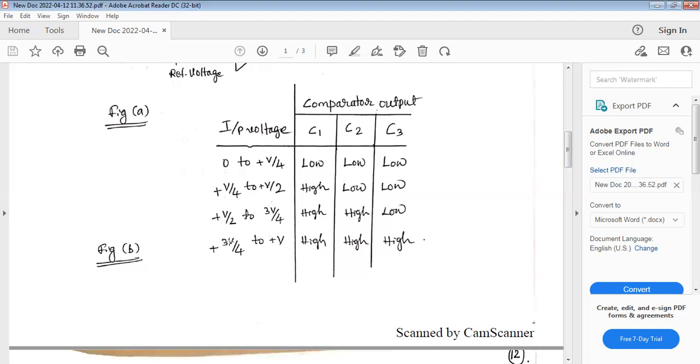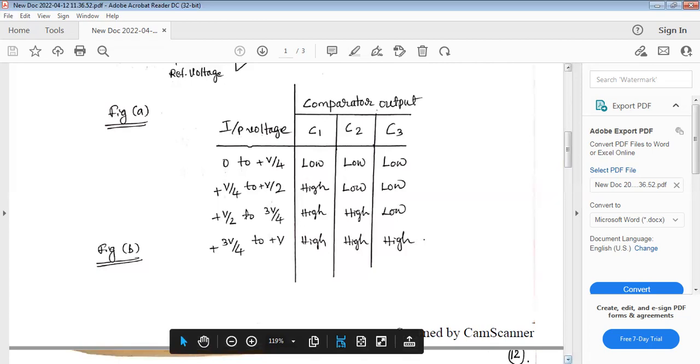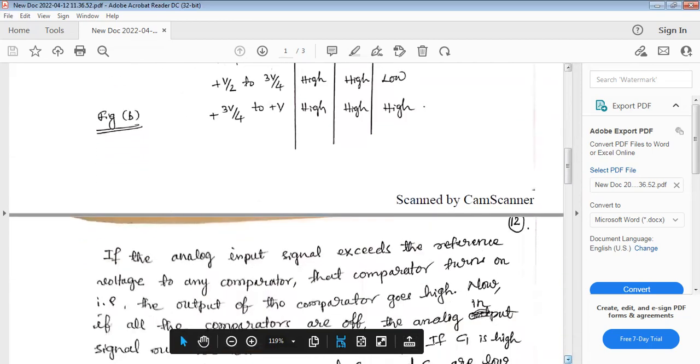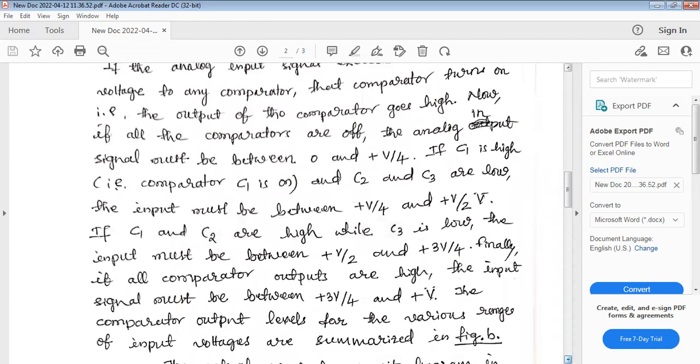Suppose if V is 10, 3V by 4 is 7.5 volt. So when the input analog voltage exceeds 7.5 volt, then all the three comparators go high. So this is how all these comparators work at different input voltages.